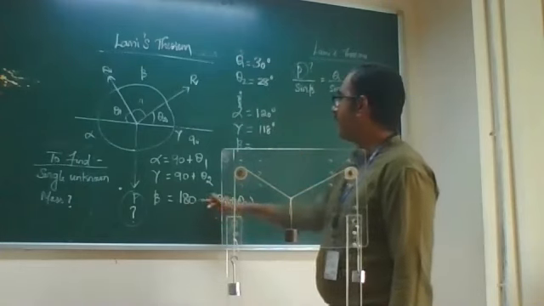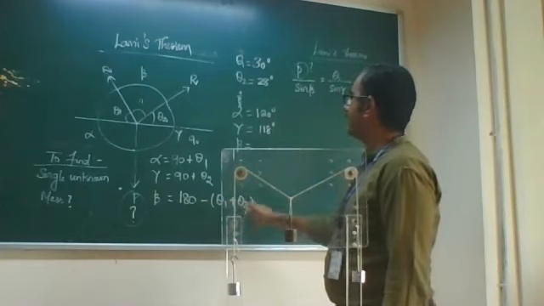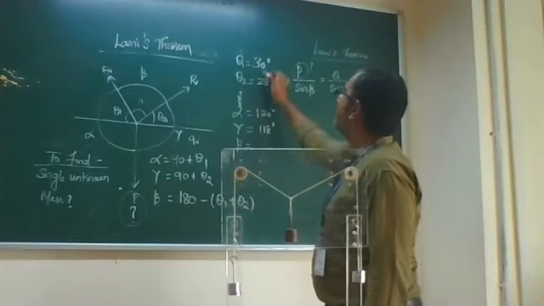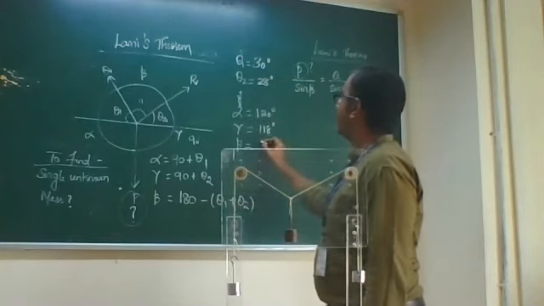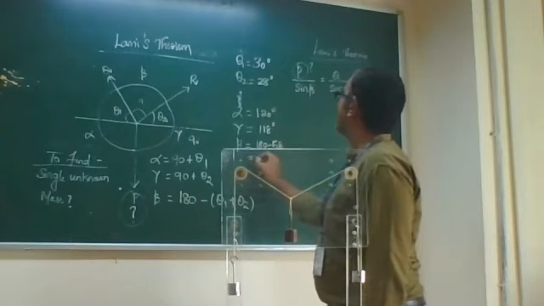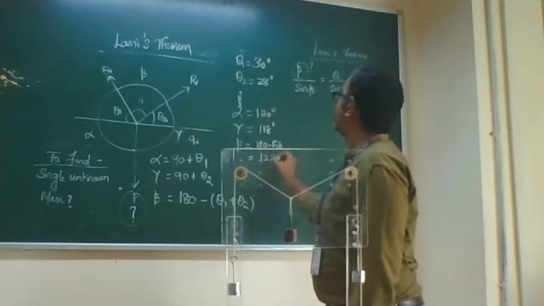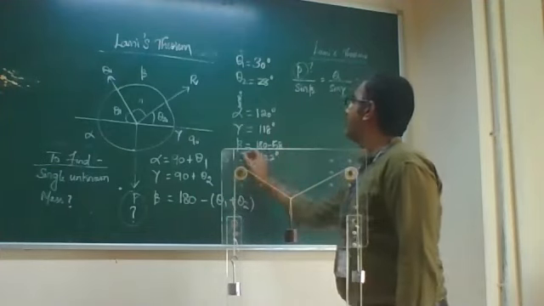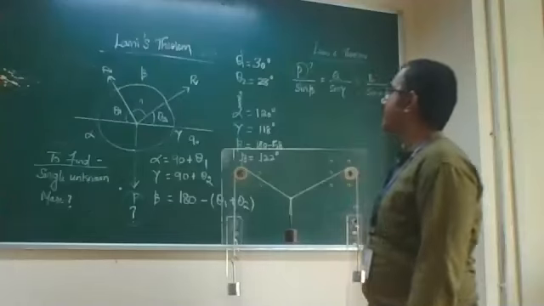Beta is 180 minus the sum of theta 1 plus theta 2. The sum of theta 1 plus theta 2 is 58, so 180 minus 58 gives 122 degrees. So the beta value is 122 degrees.